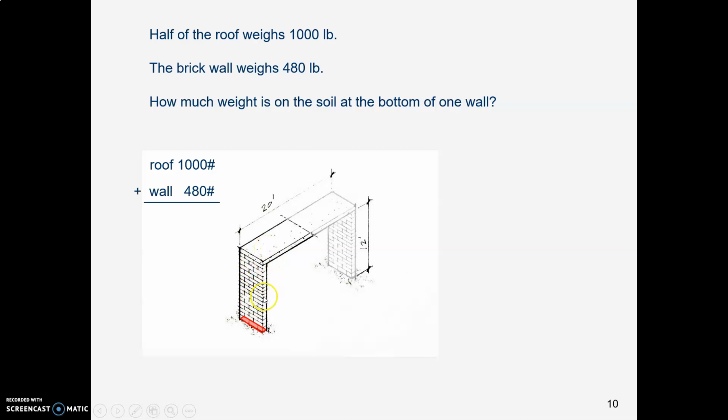We've got another 480 pounds of wall below it. So together, the roof and the wall add up to 1,480 pounds. That is how much weight is sitting on the soil at the bottom of the wall. And that's load tracing. We just traced it from the roof through the wall down to the ground.